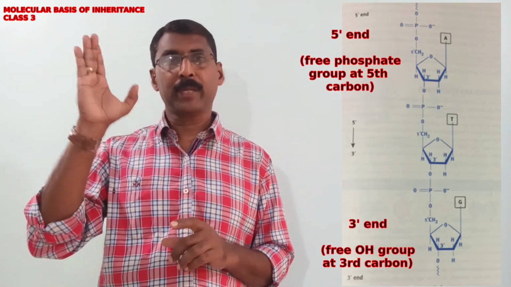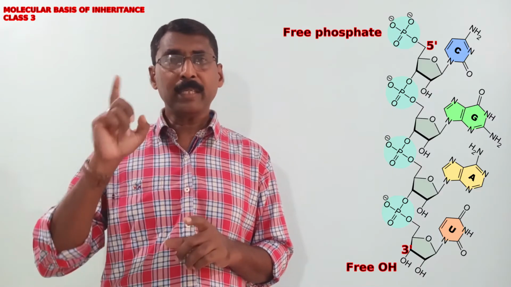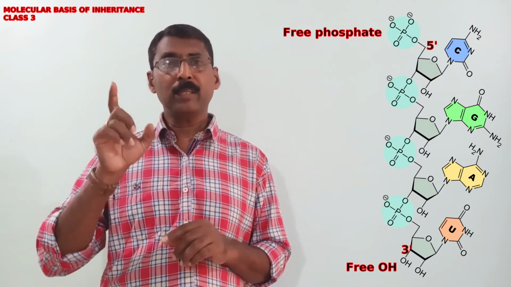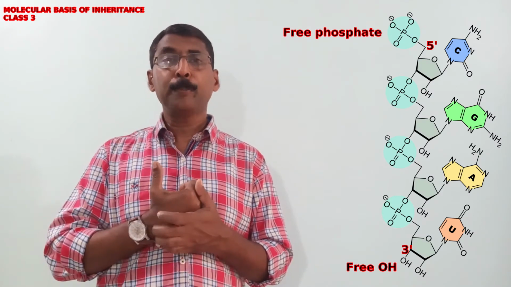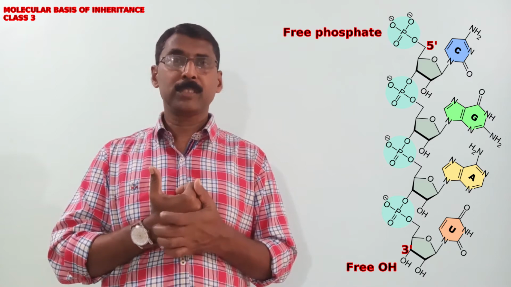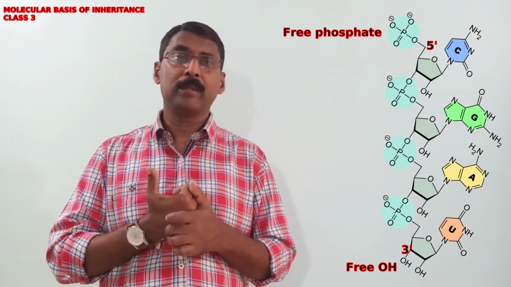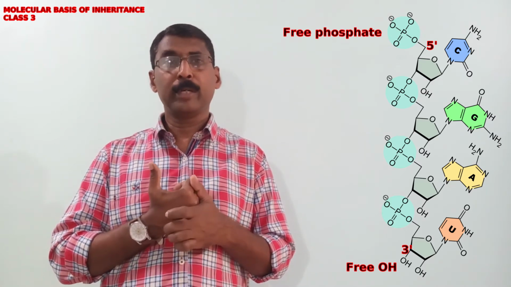So that phosphate is free. That end of the nucleotide chain is called a 5' end.